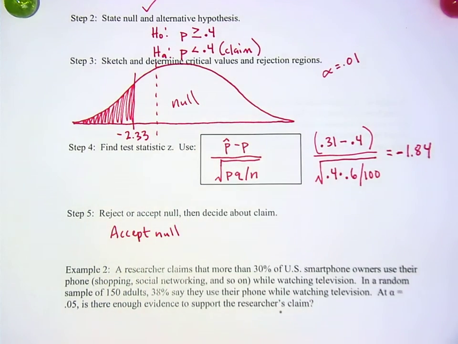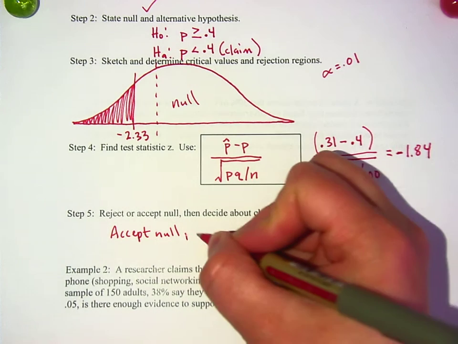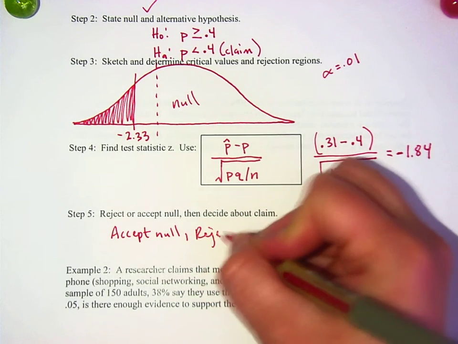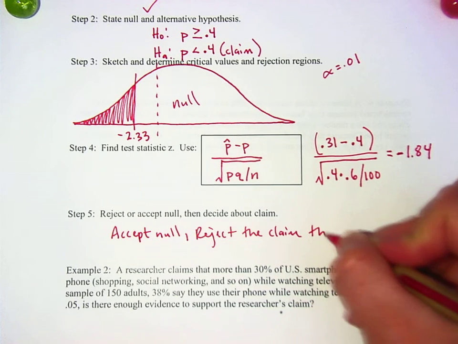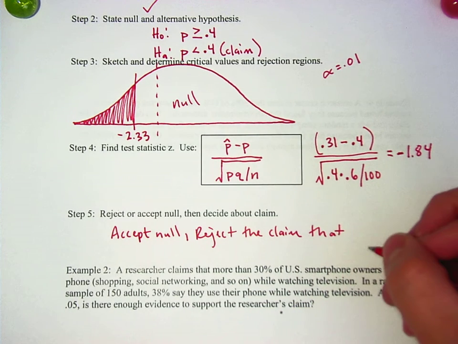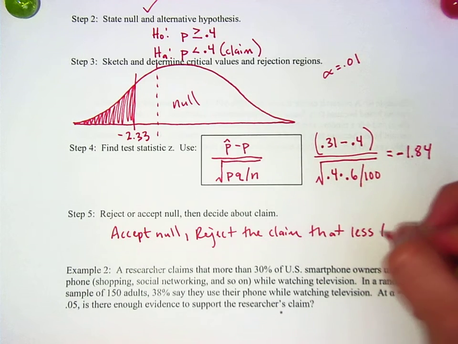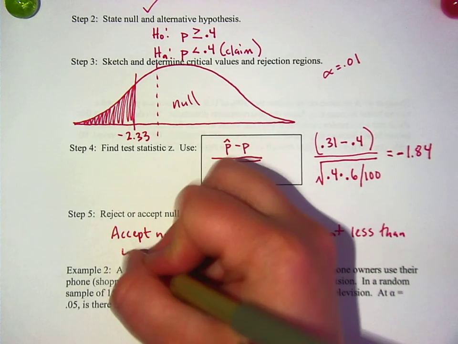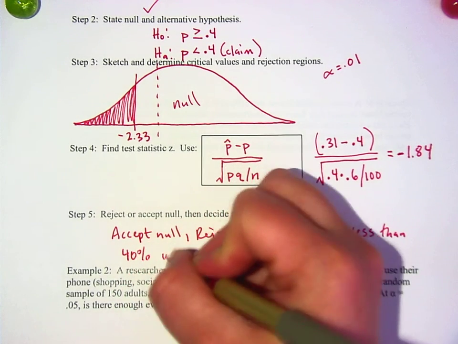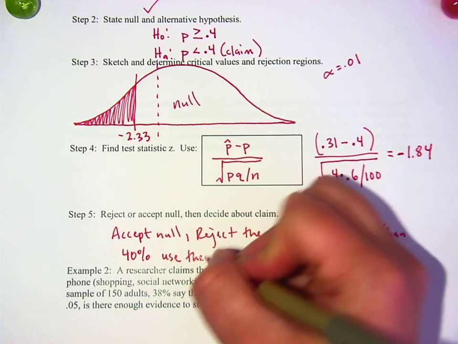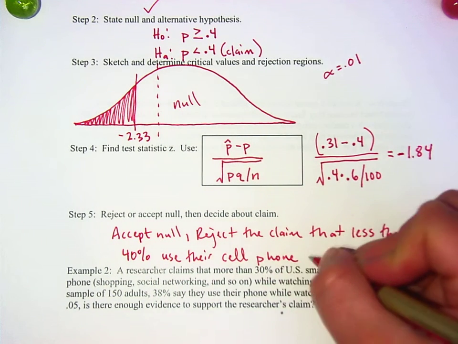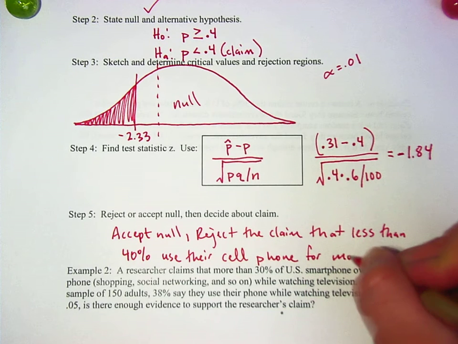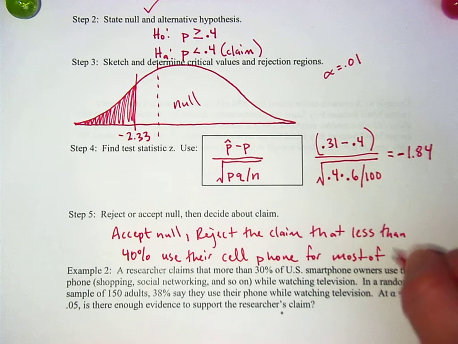And in this case, that means that we're going to reject the claim that less than 40% use their cell phone for most of their browsing.